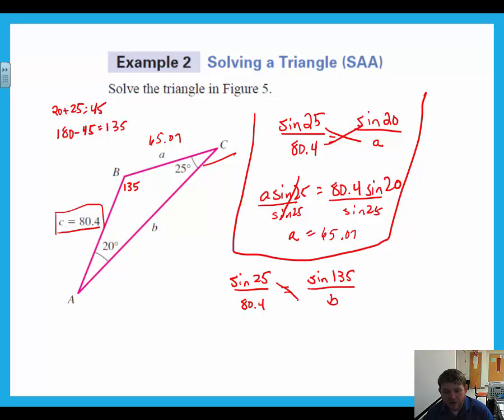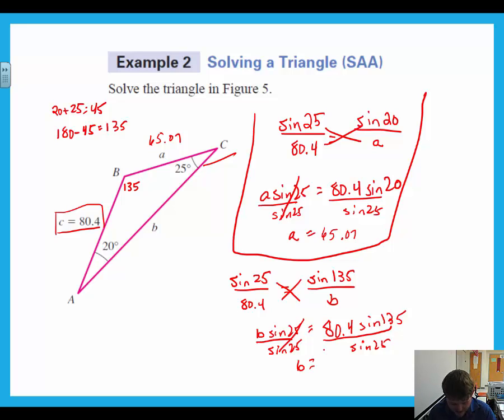When we cross multiply again, we get B sine 25 is equal to 80.4 sine 135, and to find B, we divide by sine 25. So B is equal to 80.4 sine of 135 divided by sine of 25. And so what we're going to get then is 134.52. Okay? And that solves everything, because now I know every value. I know all the sides. I know all the angles. We're done.